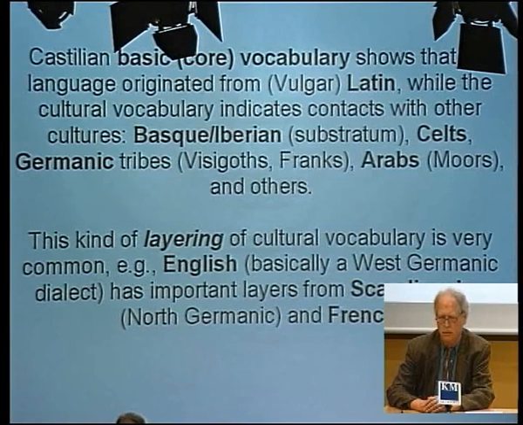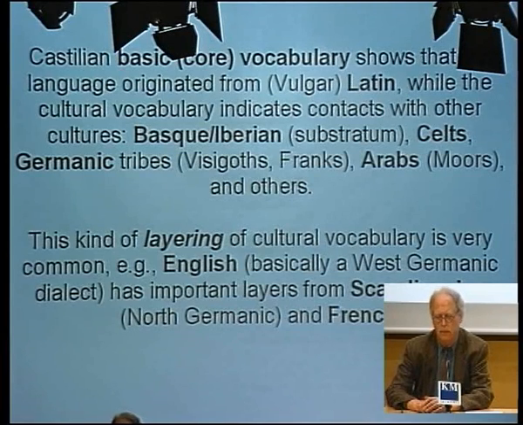For example, English is basically a West Germanic dialect that was transported to England. And then subsequent to that, important layers have come from Scandinavian or North Germanic languages and French.